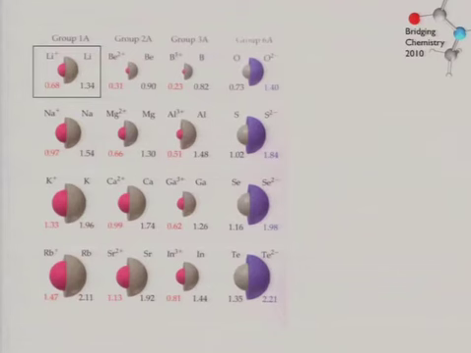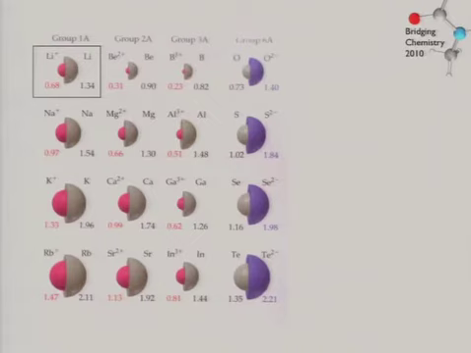So if we have a look at some of the trends, here's a lithium example. In grey you have the relative size of the atom, and in pink you have the cationic size. So what you can see is for lithium we have 0.68 picometers compared to 1.34 picometers.